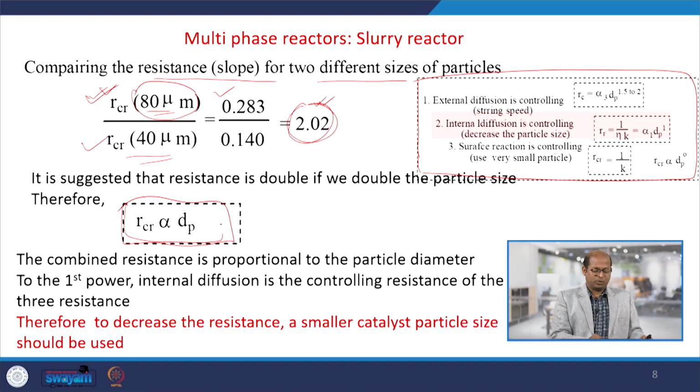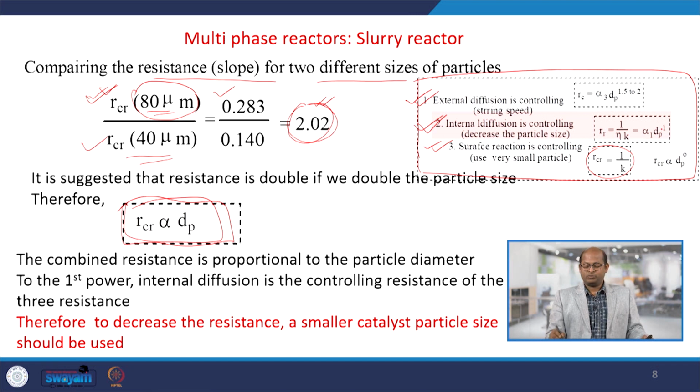So, it is directly proportional, so it comes in the second category. When we studied and derived the different types of resistance controlling these reactions for slurry reactors, we said that if slope equals 0, then surface reaction is controlling.